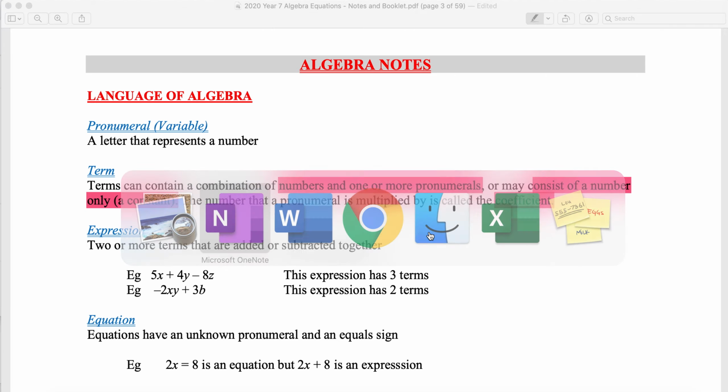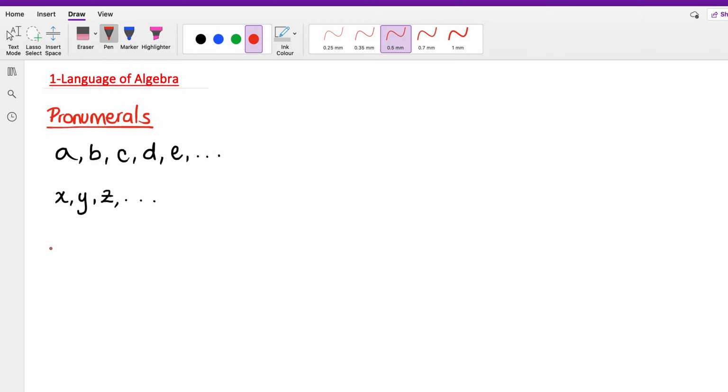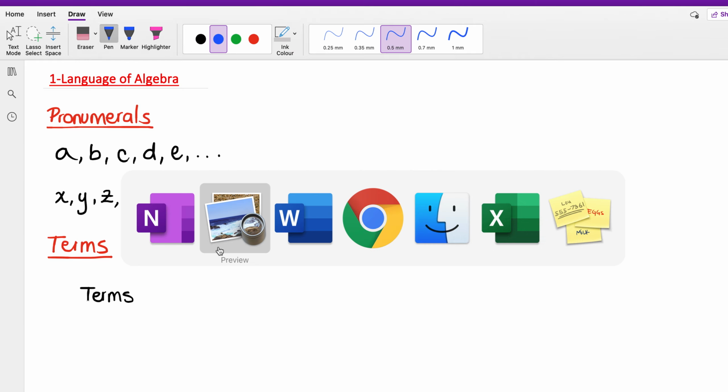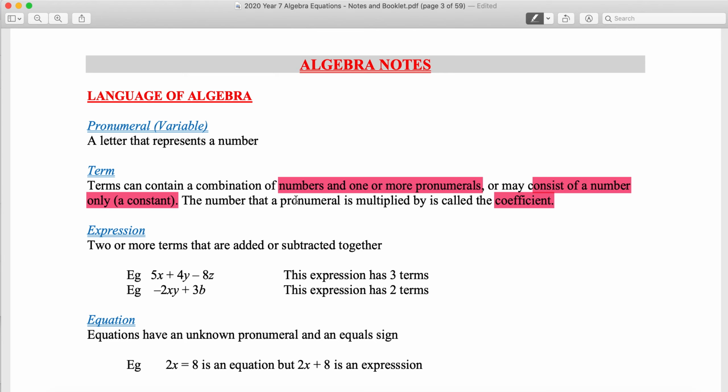So let's talk about terms here. What type of terms can we have? It says that a term can be a combination of numbers and one or more pronumerals.